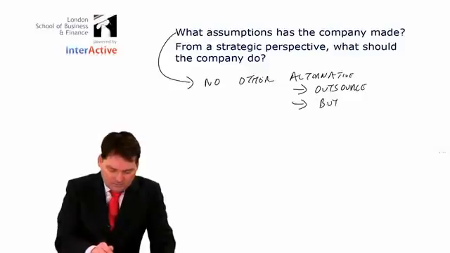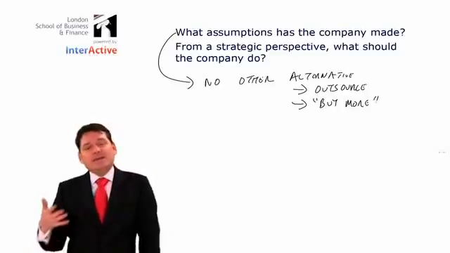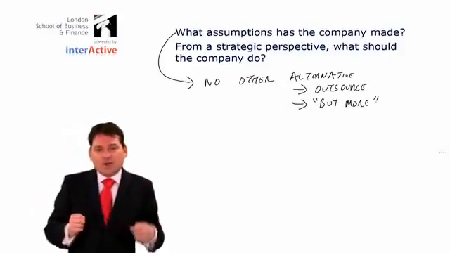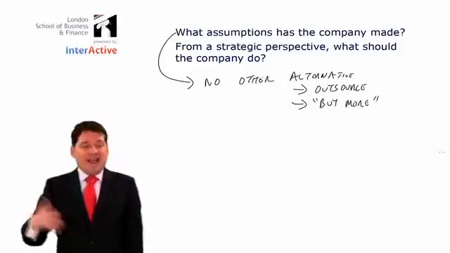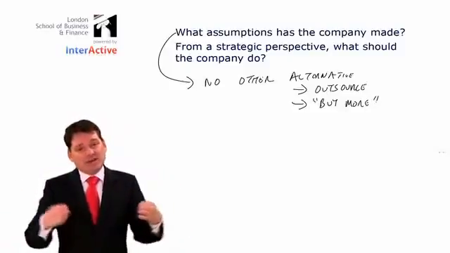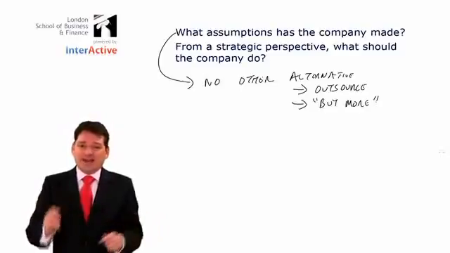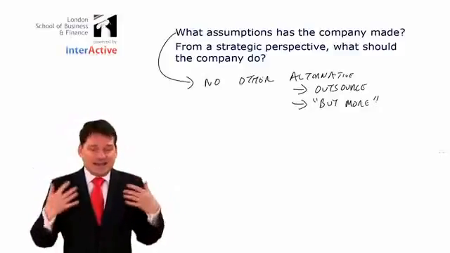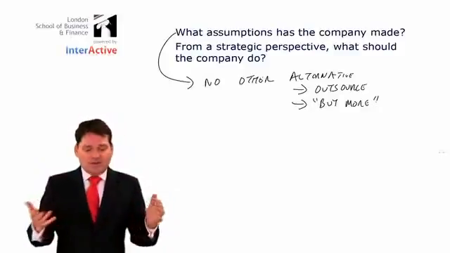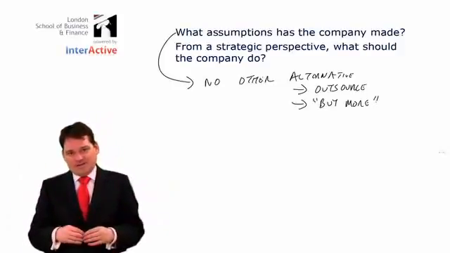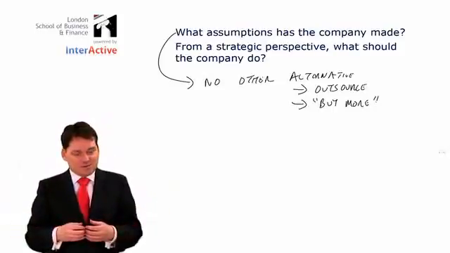Could they somehow buy more? Maybe it's because they don't have enough workers. Get some more workers and train them. Maybe it's because the factory isn't big enough. Get a bigger factory. Now, obviously, if they get a bigger factory, they get more workers, that will be a cost. But they should put that against the amount of money that they are losing because they can't make and sell everything they want to. So what assumptions are they making? They are assuming they cannot change the limiting factor. Well, maybe they can. Maybe they get it from somewhere else.